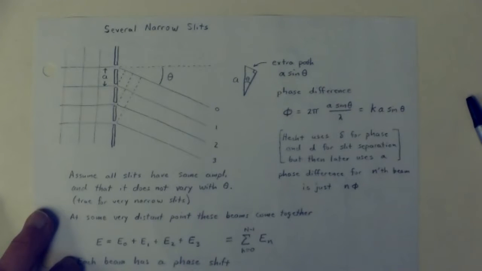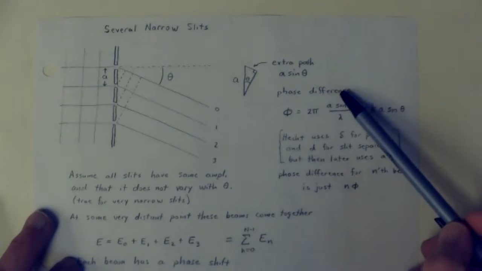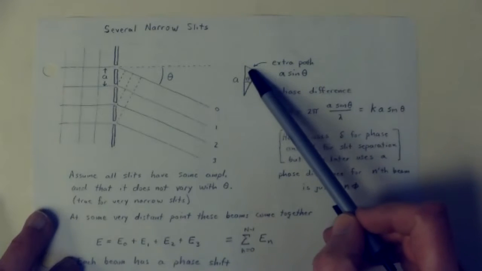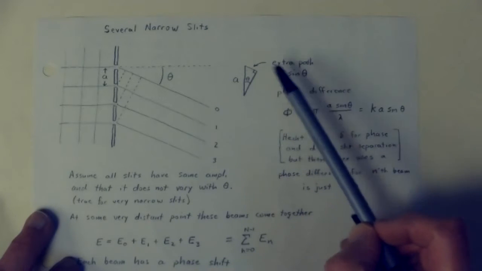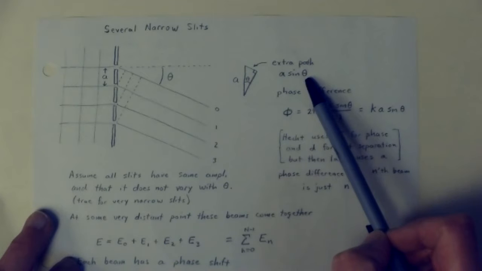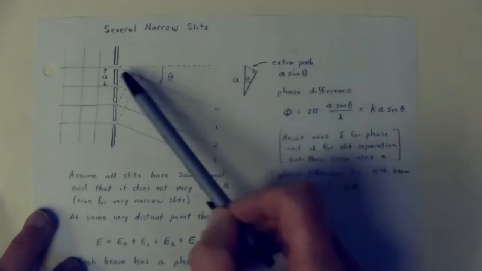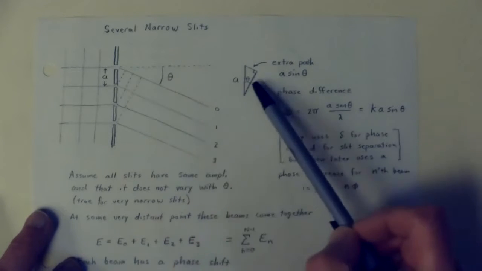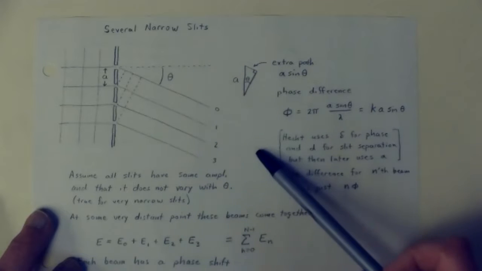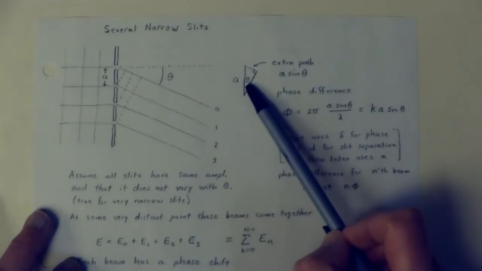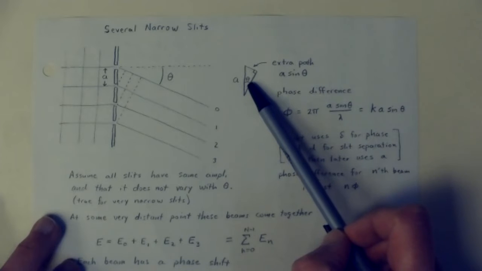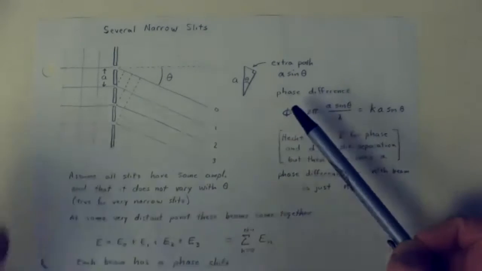So the shift in phase is going to be according to that extra little bit there, and that's just a sine theta. A being the distance between the two slits, and theta is the angle that we're looking at that becomes the same as the tiny angle in the triangle there. So that extra path is a sine theta.